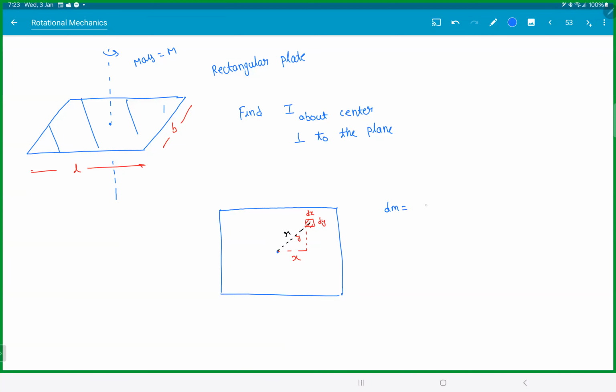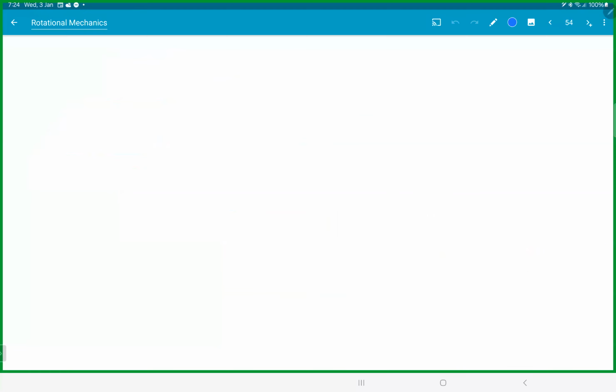So dm will be mass by length into breadth into dx into dy, so moment of inertia of this particle will be integral dm r square, which is m by lb double integral dx dy x square plus y square. Now how do you integrate this?